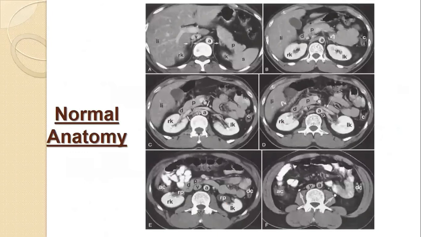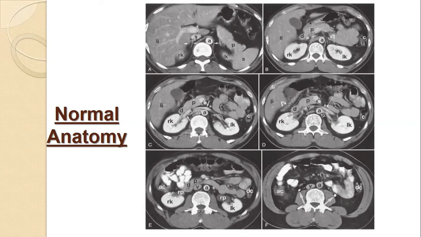So, the normal anatomy on CT. From upper to lower, anyone can. Okay, I have already marked this. So liver, right kidney, stomach, left. What is this? IVC and aorta. This is the spleen, and this is the pancreas.